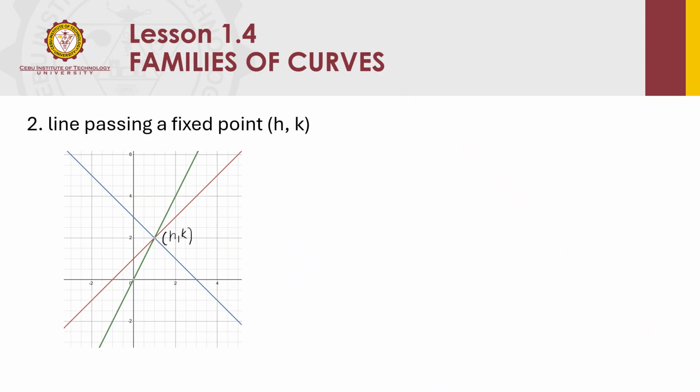So we have the standard equation y minus the y coordinate of the common point that we label as k, equals the slope times x minus the x coordinate of the common point, which is labeled as h. Okay, so we have y and x as our variables, so our constants are h, k, and the slope.